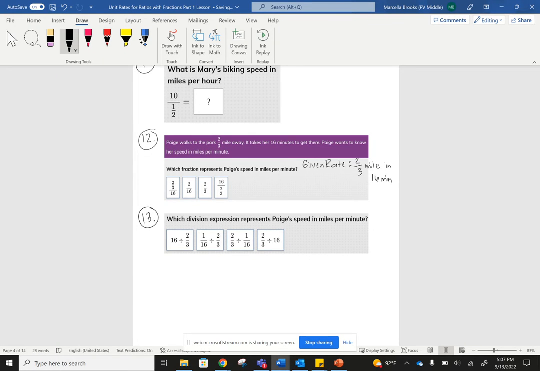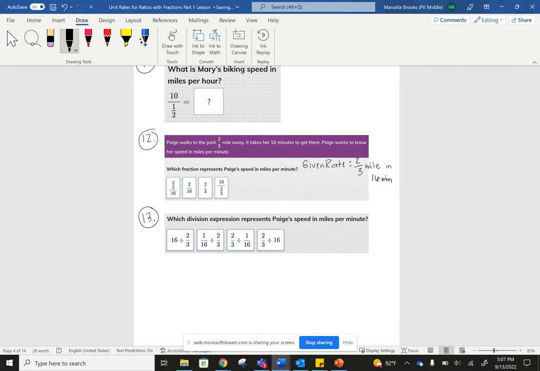All right, number 13. Which division expression represents Paige's speed in miles per minute? So once you figure out which one of these, you're going to rewrite it. Actually, I changed my mind. So which fraction represents Paige's speed in miles per minute?